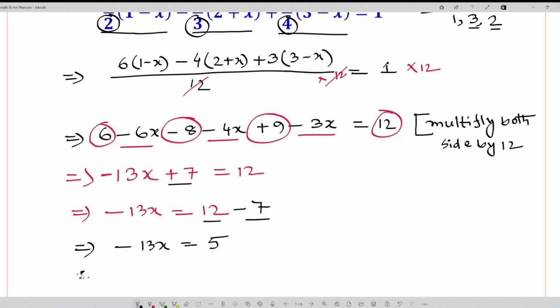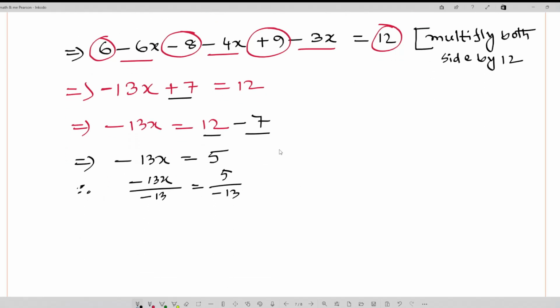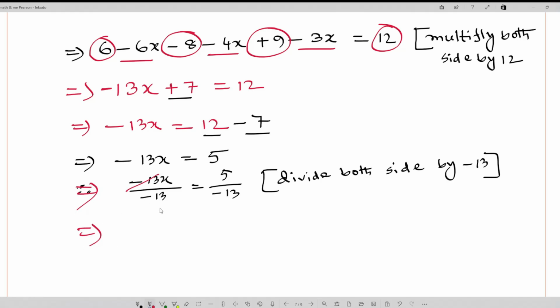Once we divide both sides by minus 13, minus 13 cancels out, so x equals minus 5 divided by 13. This is our answer.